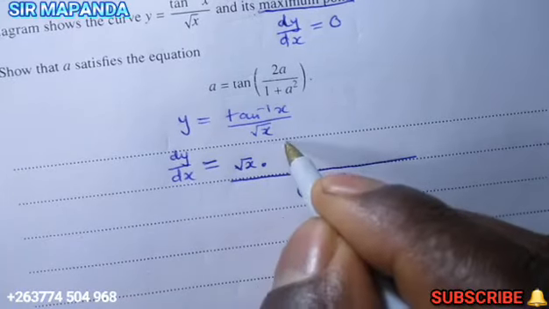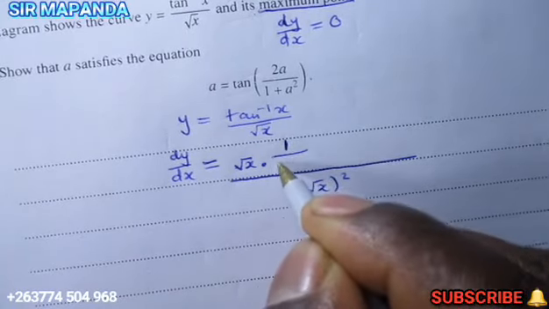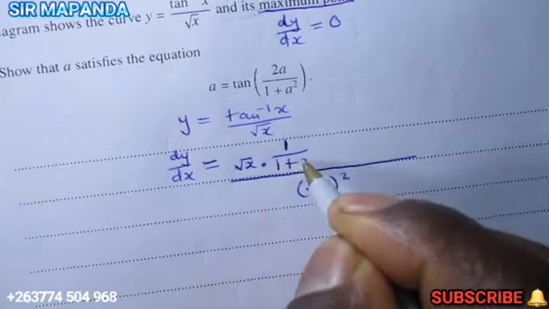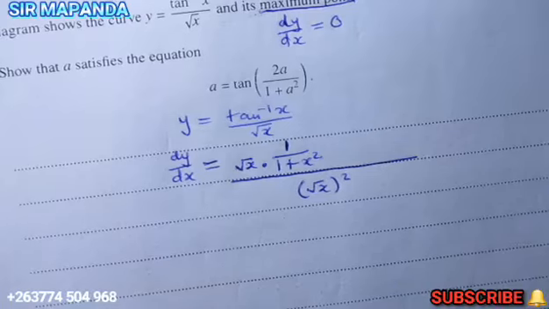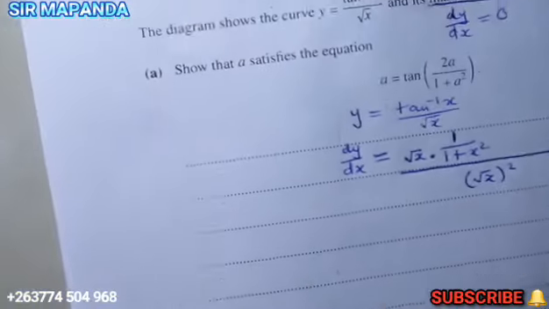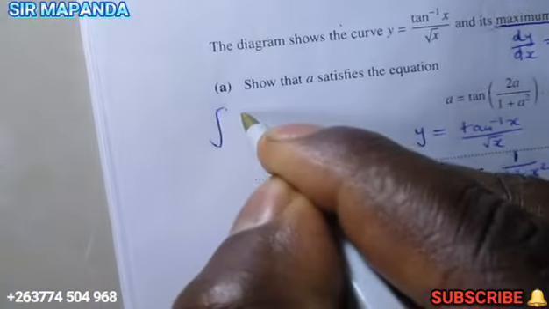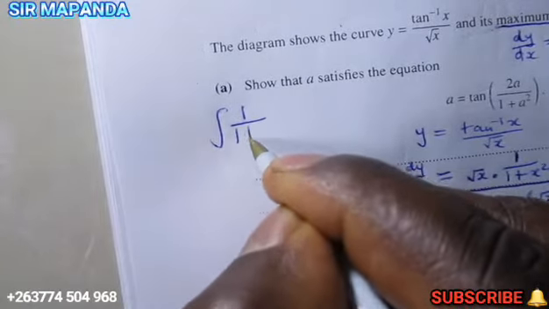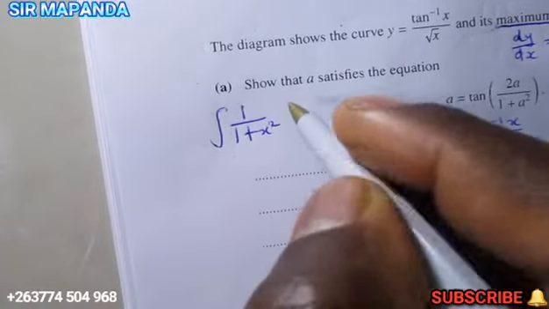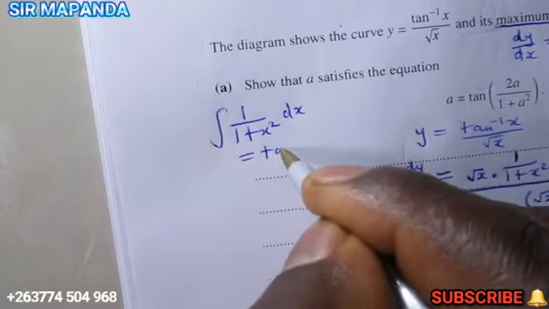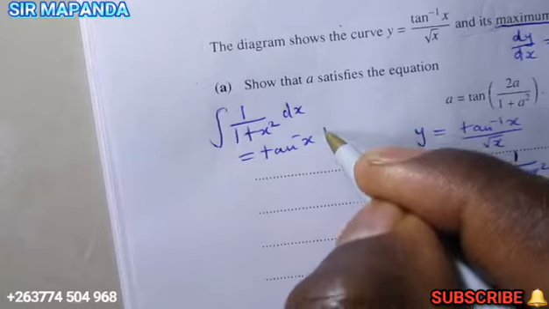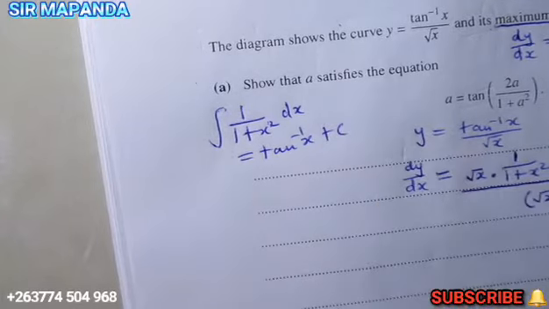So the derivative of arctan of x is 1 over 1 plus x squared. I hope you are listening, class. Right. The derivative of arctan of x is 1 over 1 plus x squared. This is coming from the fact that if you integrate 1 over 1 plus x squared dx, your answer is arctan of x plus c.